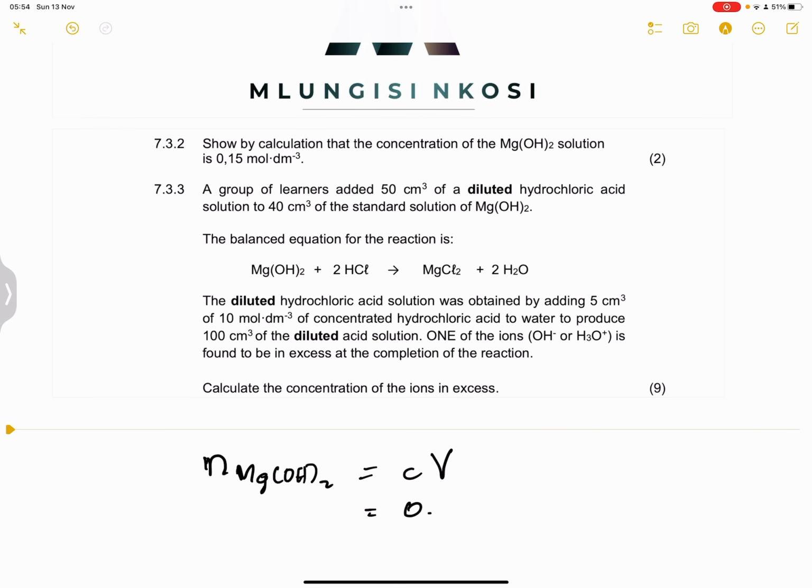So that's 0.15 multiplied by the volume. They said to us we take 40 cubic centimeters, so that would be 40 divided by 1,000. Of course, what do we get? 0.04.